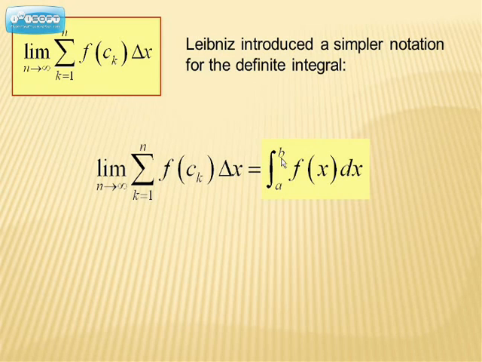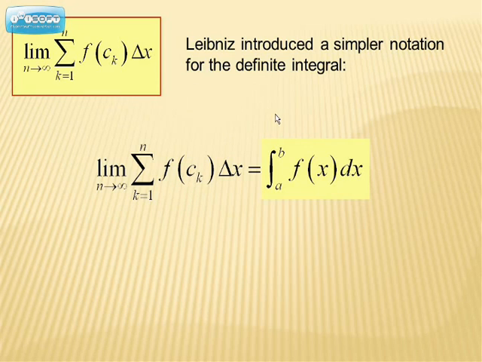This a and b, those are the endpoints of the interval that we're looking at. f of x is the value of your function. dx is the dummy variable, but in this case it refers to the length of your base. And you can kind of see where these all came from.